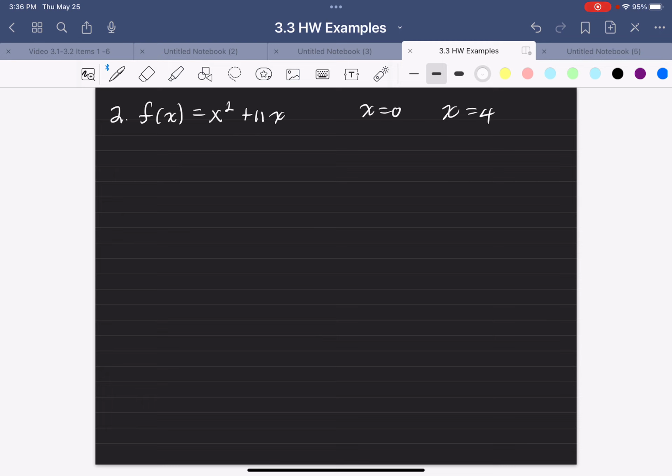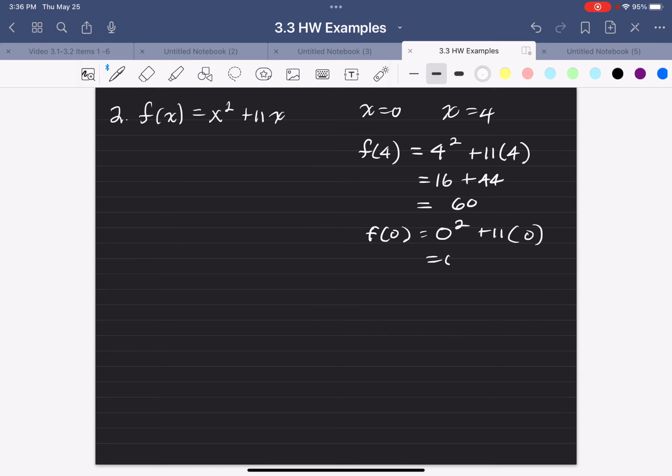So I'll go ahead and find f of 4, that's my second x, is going to be 4 squared plus 11 times 4. 16 plus 44 is 60. f of 0 is going to be 0 again because it's 0 squared plus 11 times 0 is 0.